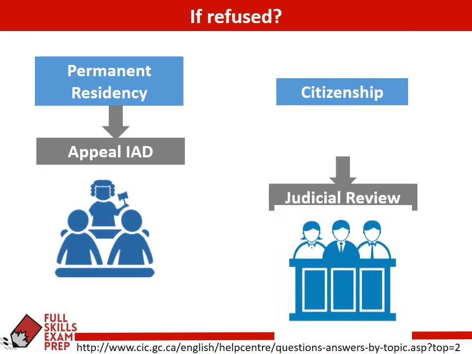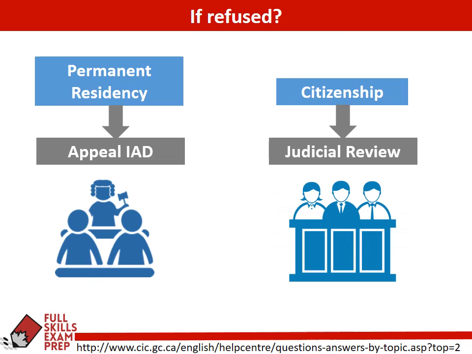If they apply for citizenship for that child and citizenship is refused, then they have the right to file for leave for judicial review. Now, this is, of course, assuming there is a case, right? Because you wouldn't recommend someone to file for leave for judicial review or file for an appeal if the decision was correct.